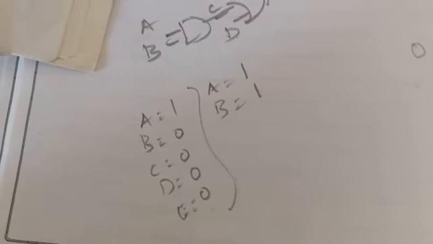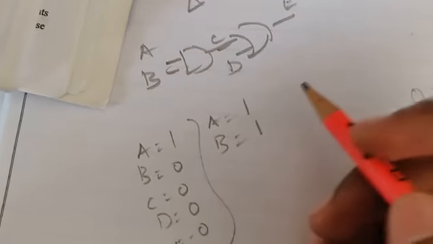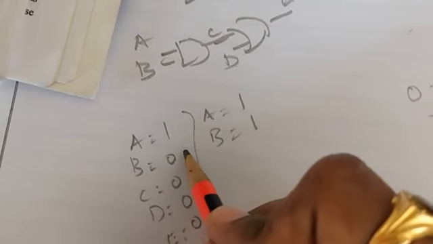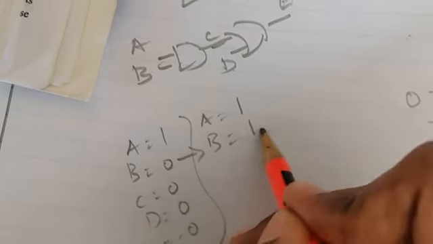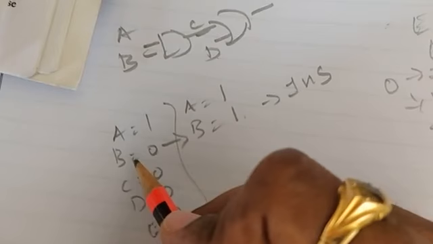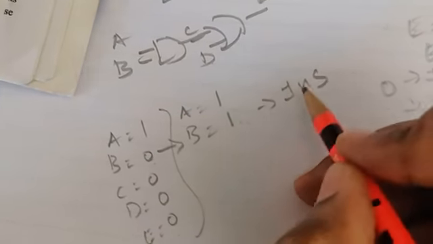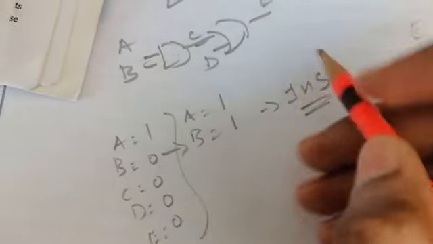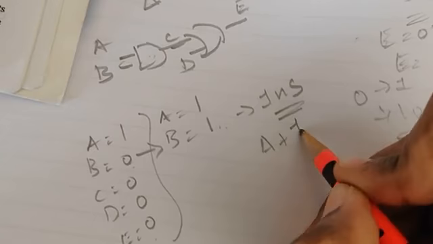As I just told, if we have not specified any delay, it will take it as delta. If B takes 1 nanosecond to change from 0 to 1, then what is the delay for C? Delta plus 1.